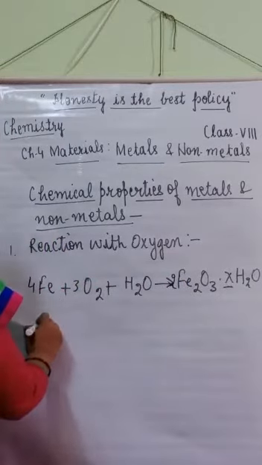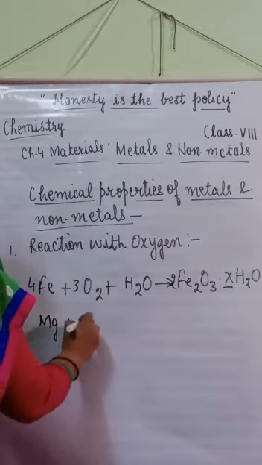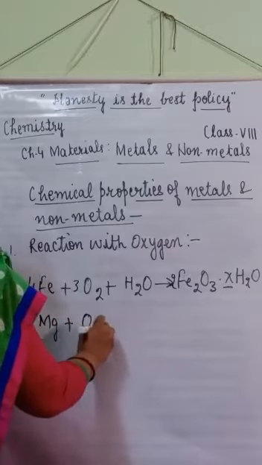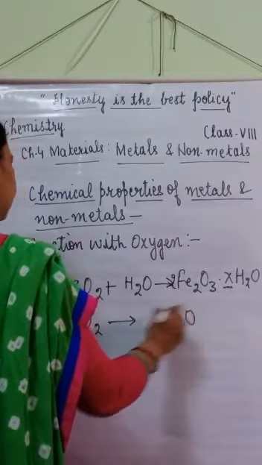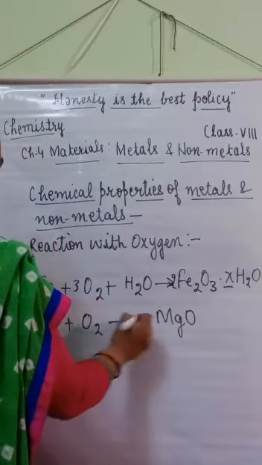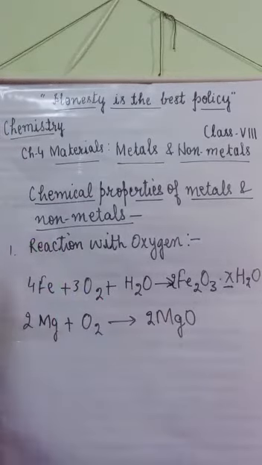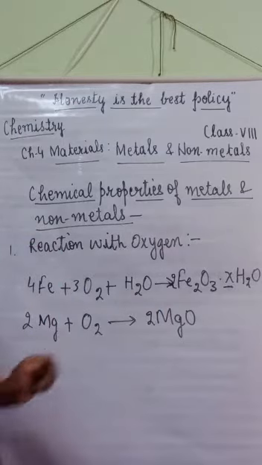Next, when magnesium reacts with oxygen, it forms magnesium oxide. So metals react with oxygen and form their oxides.